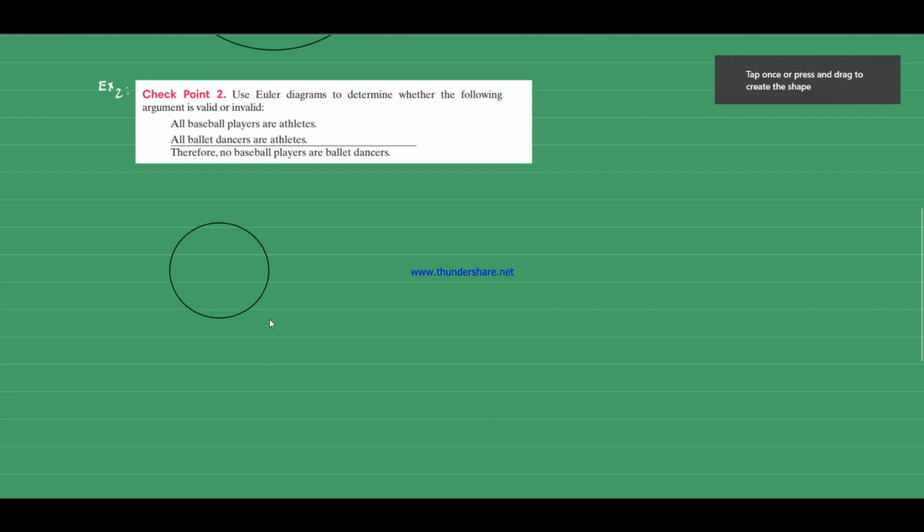So all baseball players are athletes. So this one must be baseball player, because all of them are athletes, so the baseball player circle must be inside the athlete circle, right?